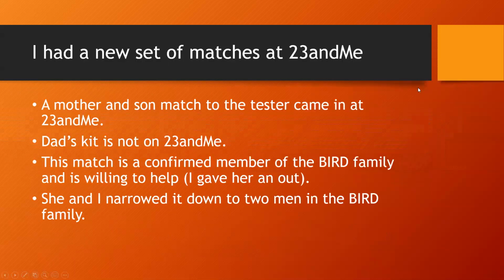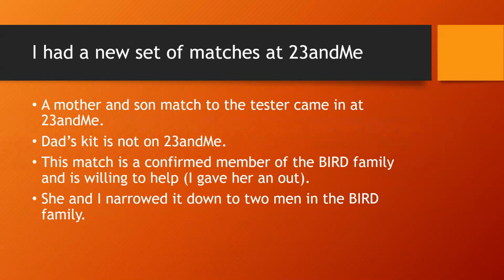Then, 7 months later, I had a new set of matches show up at 23andMe who matched the tester. The new matches were a mother and son match to the tester. Now the tester's dad's kit is not there, so it's just the tester. And the match was a confirmed member of the bird family and willing to help.